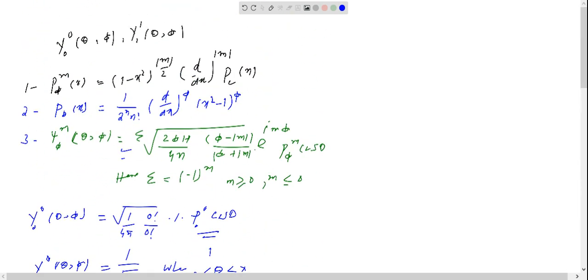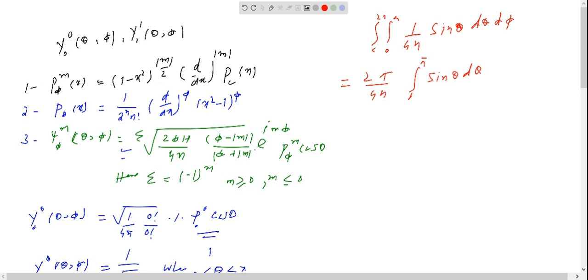And now we have to check whether both the functions are normalized or not. Therefore we can write it as the integral from 0 to pi, 0 to 2 pi, of 1 out of 4 pi, sin theta d theta and d phi. So this can be written as 2 pi out of 4 pi, integral from 0 to pi of sin theta d theta.